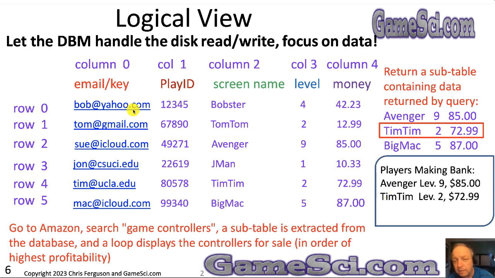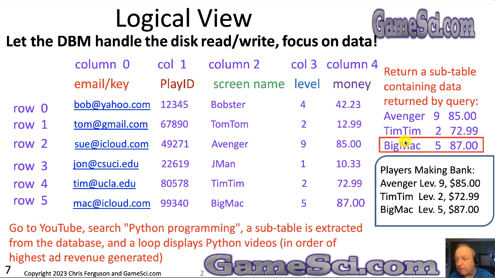There's the second one. For example, go to Amazon and search game controllers. A subtable is extracted from their database, and then a loop displays the controllers for sale, usually in order of highest probability. Many online websites want to show you the things they make the most money off first.